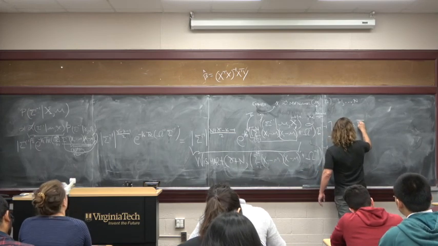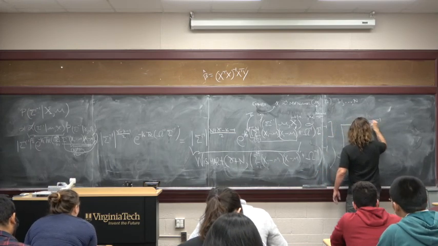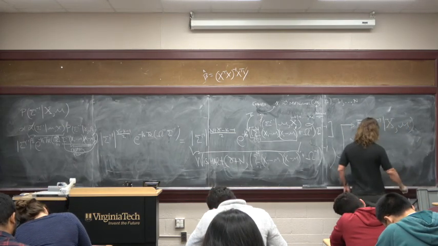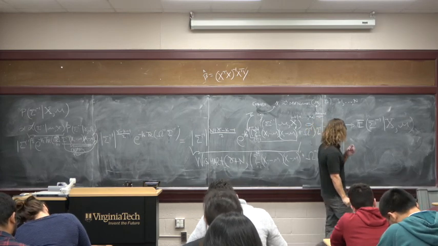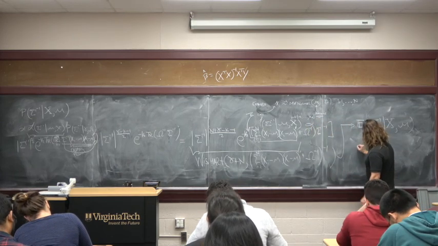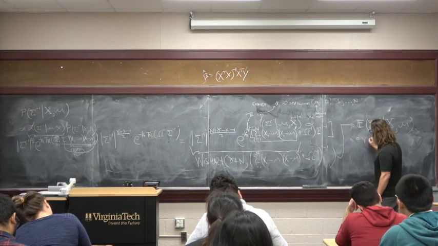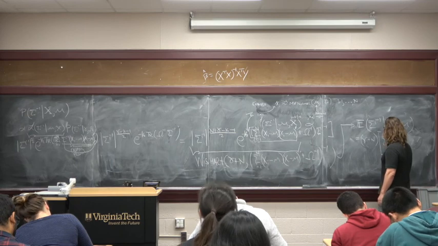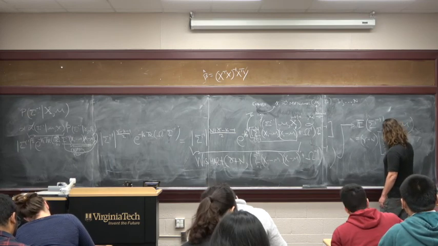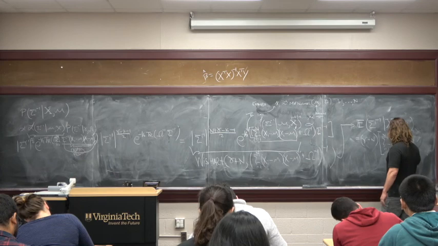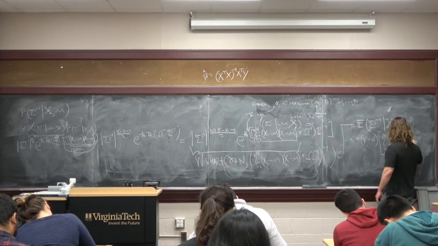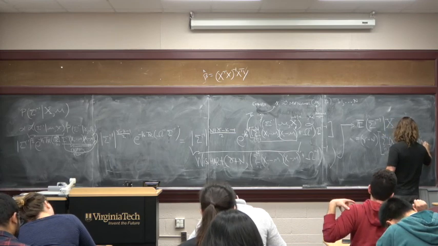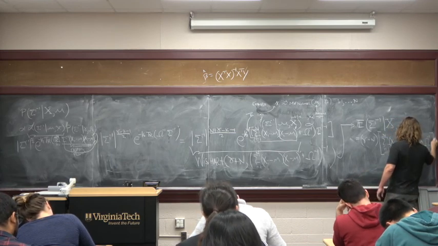Our expectation of our precision, given all of our data, and I'll remind you, we told you mu, so we're writing down full conditional posteriors, is gamma plus n times the sum, i goes from 1 to n, of xi minus mu, xi minus mu transpose, plus omega inverse, all inverted.